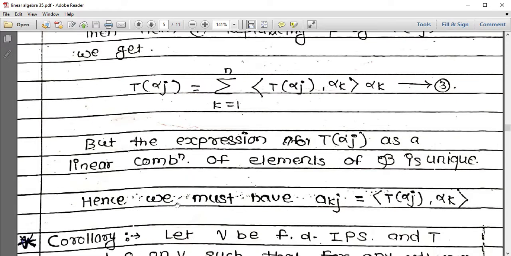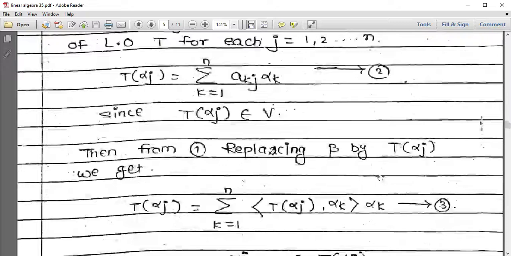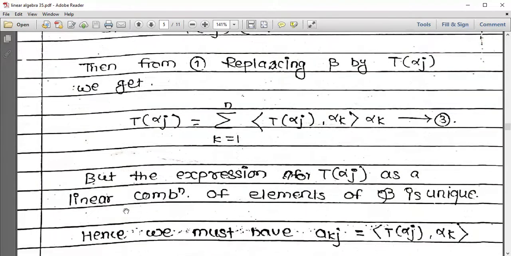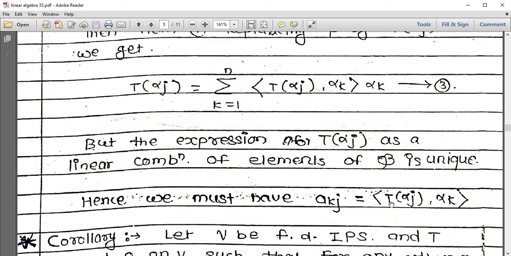Hence, we must have AKJ is nothing but the inner product of T of alpha j and alpha k, from equations number 2 and 3. This scalar quantity AKJ is equal to the inner product of T of alpha j and alpha k, because the linear combination of elements of beta is unique. This is the proof of the theorem.